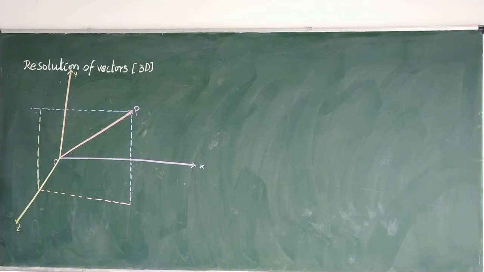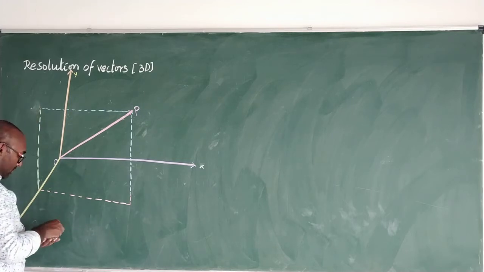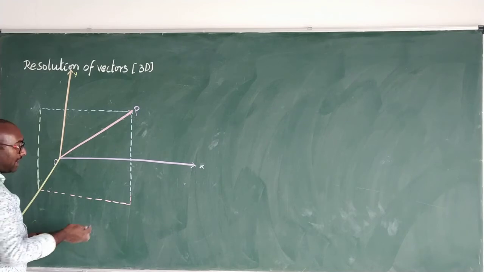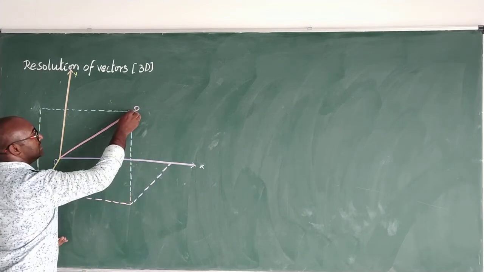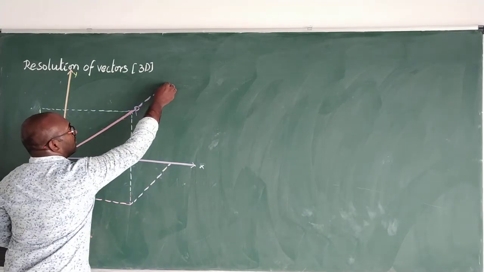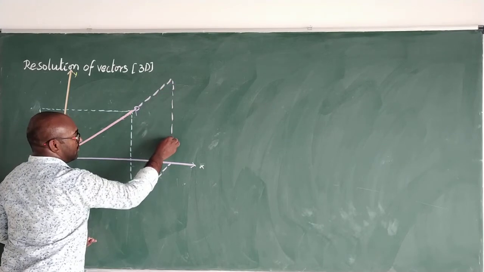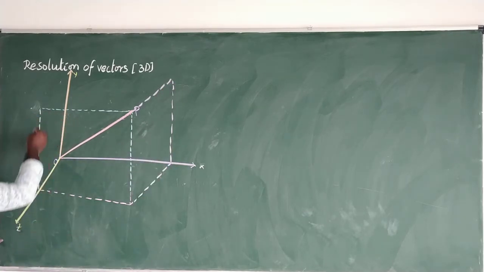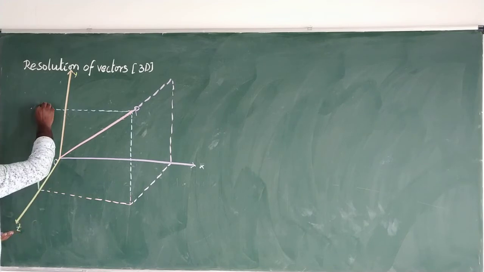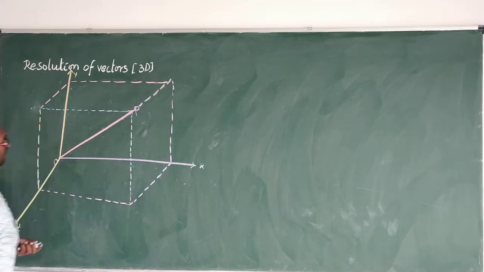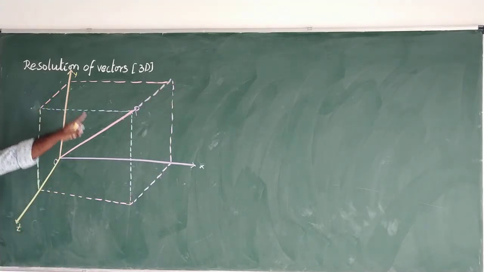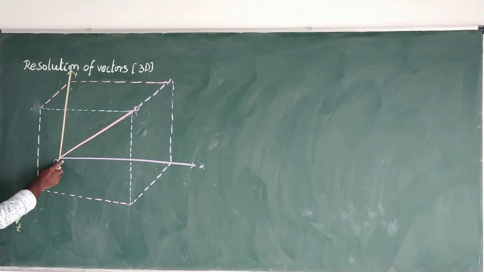Now I am giving the parallelepiped. Any doubt? Now you can imagine it looks like a three-dimensional shape, with O as the origin.